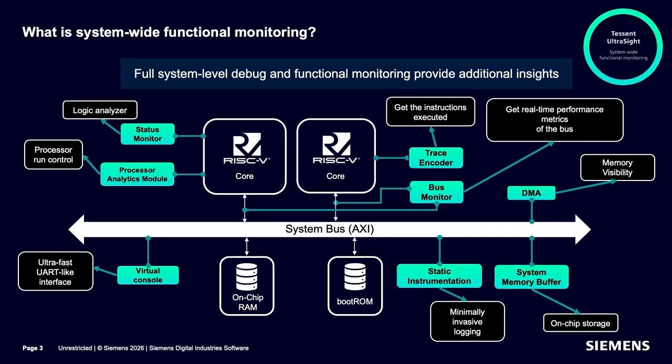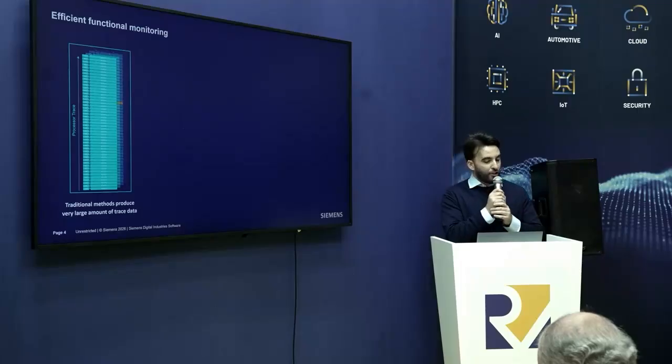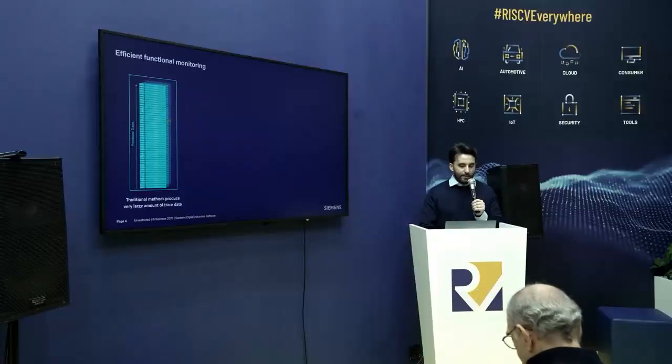So to further expand on the concept of efficient functional monitoring, given the example of a traditional trace situation, we are left with large amounts of data, which can be quite hard to manage for a user when really the events that they're interested in tracing are rare occurrences, such as a deadlock scenario.